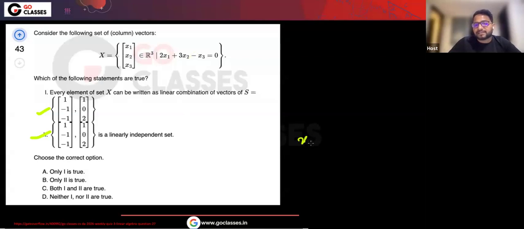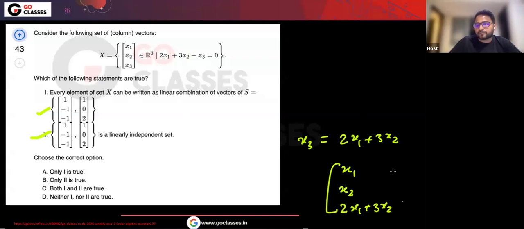So basically, x3 can directly be 2x1 plus 3x2. So in other words, all the columns will be like this. X1, x2 you can choose on your own, but x3 will be 2x1 plus 3x2. So yes, this was a good question. So both the statements are true here.